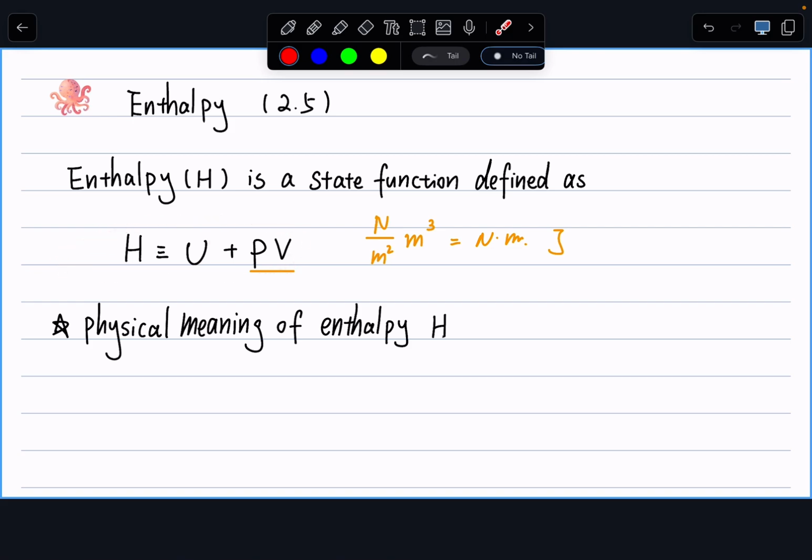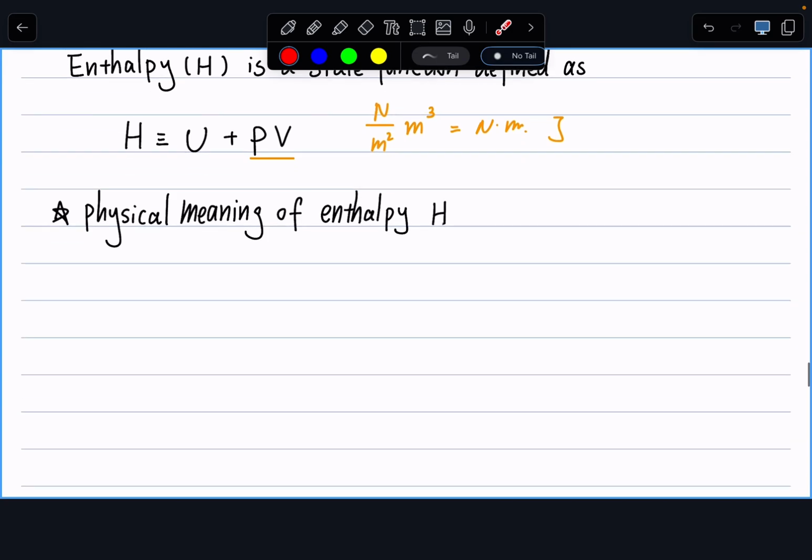So when we're thinking about the physical meaning of enthalpy, we're thinking hypothetically about an isobaric process. Now, enthalpy is uniformly defined as U plus PV. So this is just uniformly true. Note that we do not have any assumptions made after this definition. By definition, H equals U plus PV.